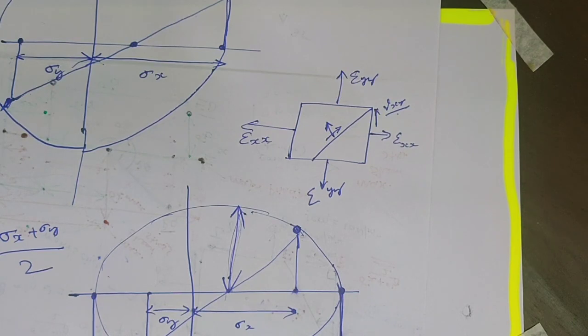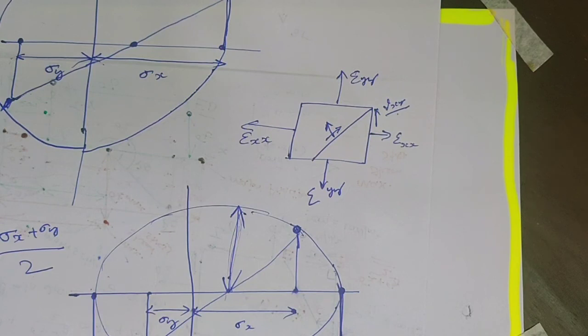So that is about transformation of stress and strain, and do different problems related to the Mohr circle. According to your syllabus, the transformation of stress and strain is not included, but the two-dimensional Mohr circle is included.